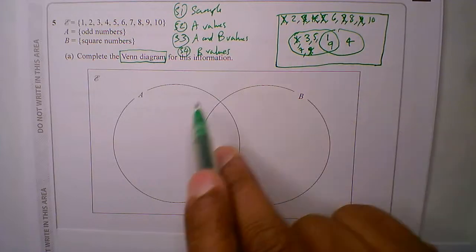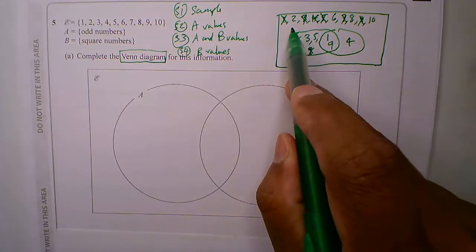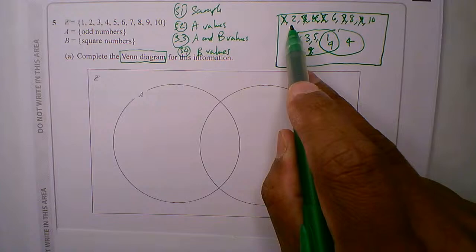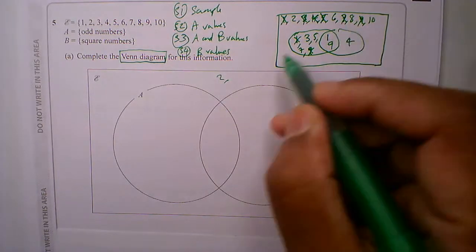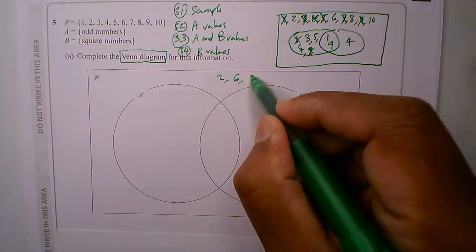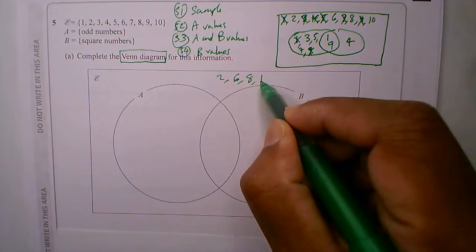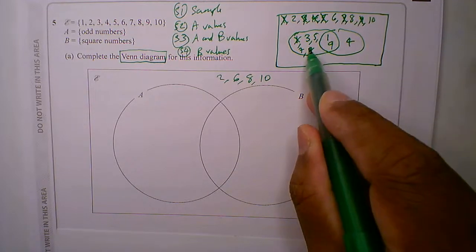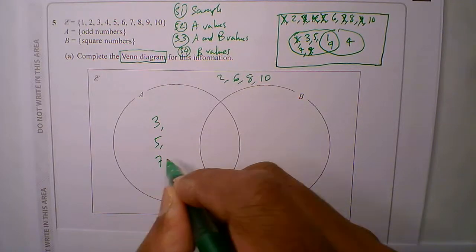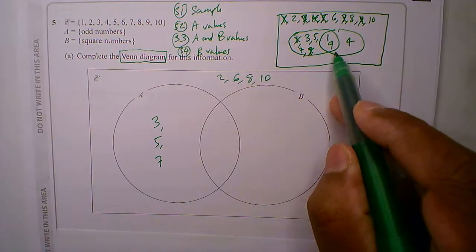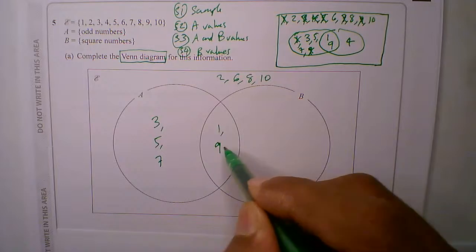I'm now going to put this into my main diagram. So all the things that are not crossed out are 2, 6, 8, and 10. My A values are 3, 5, and 7. My A and B is 1 and 9.